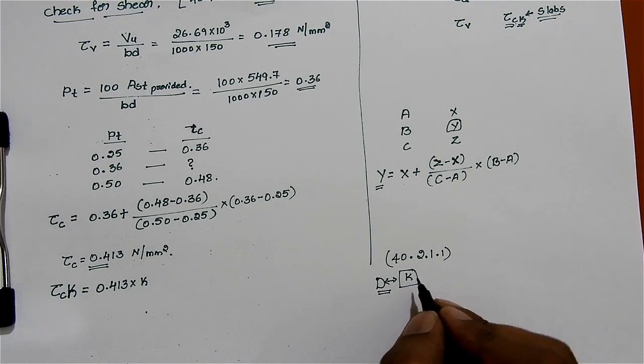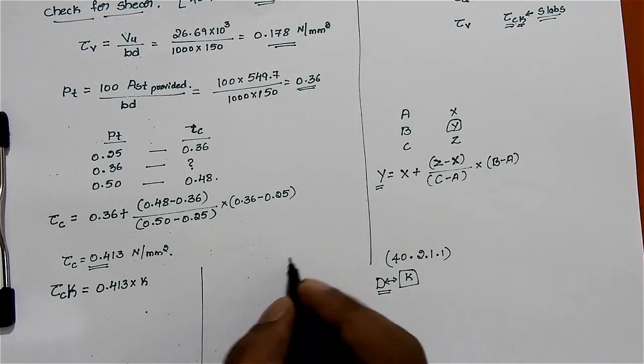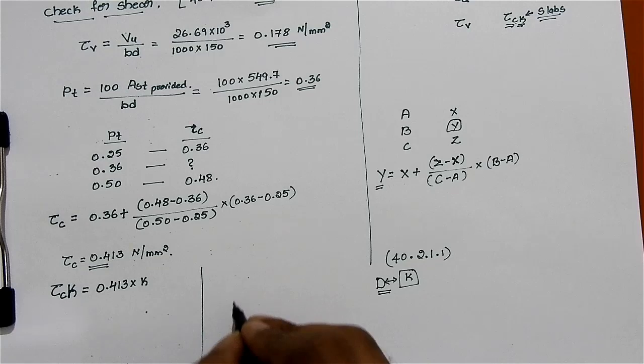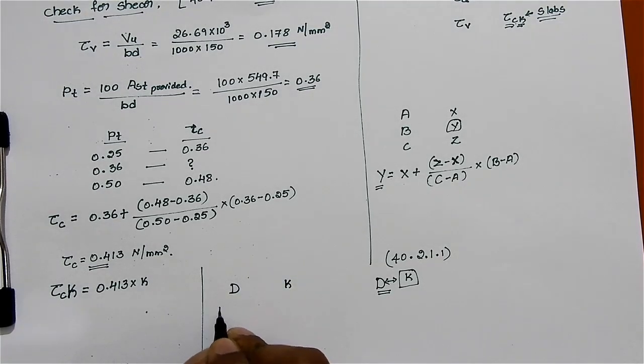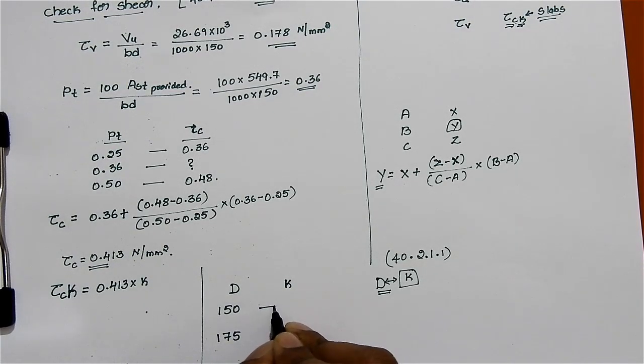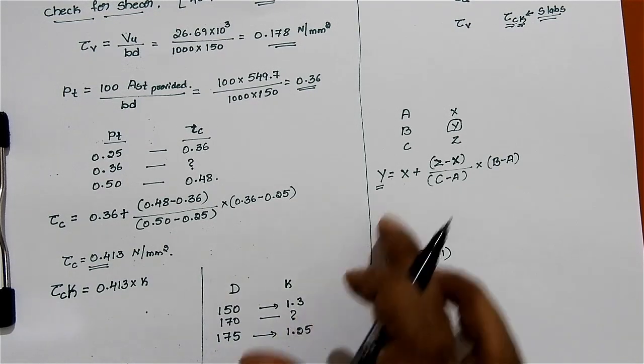Again here it is in the form of A, B, C, X, Y, Z. We have D values and k values. For D values 150 and 175, for 150 we have 1.3 and for 175 you have 1.25, but we don't know the value for 170. That we need to calculate, again by interpolation.